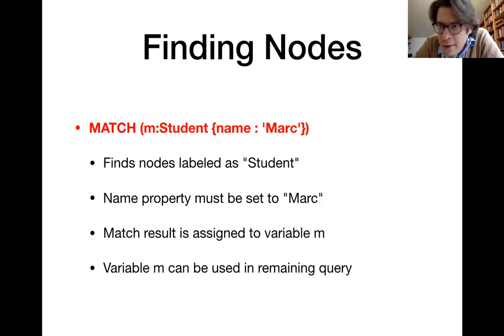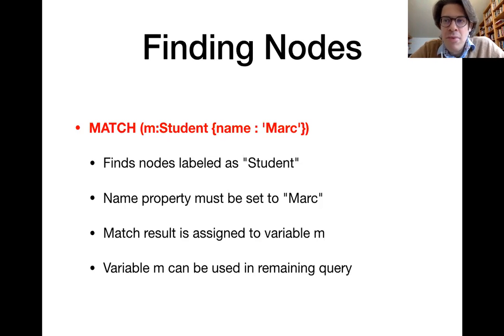Now, in the following, I'm going to show you how we can add edges, relationships, to your graph. Before we can do that, we have to learn how to identify specific nodes in our graph so that we can tell the system between which nodes we want to add an edge. So if you are searching for a specific node, you can do it, for instance, with the command that you see here.